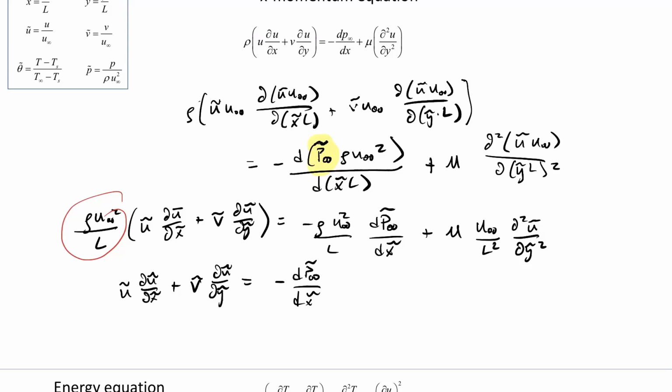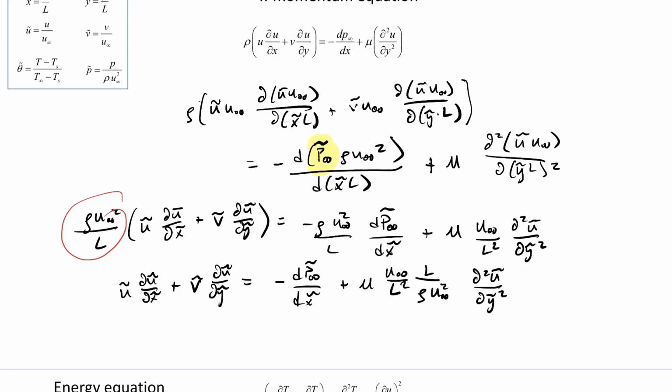And then the last term is the messy one. This is mu times u infinity over L squared, then L over rho u infinity squared, times d squared u over dy squared.